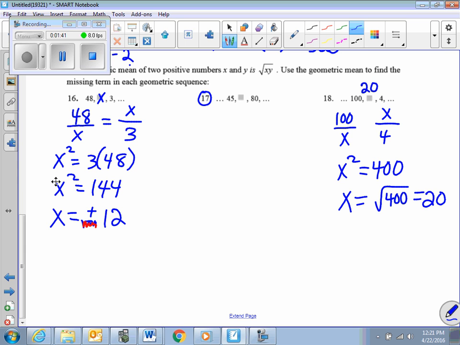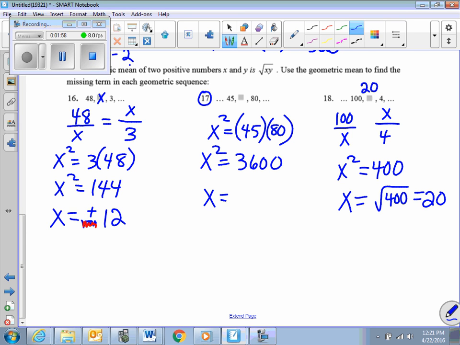If you do the same procedure with this one, you're going to have x squared equals 45 times 80, and that is 3,600, so x is going to be 60. So finding the geometric mean is a fairly easy thing to do.